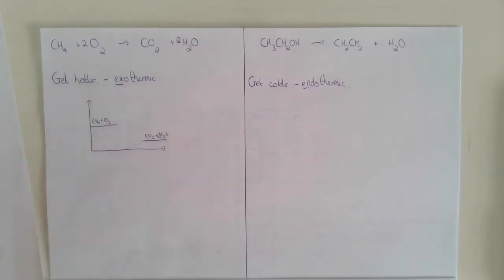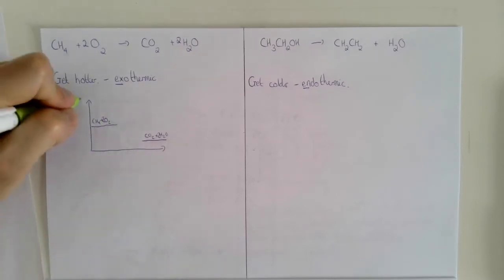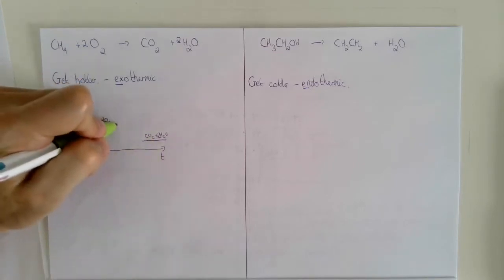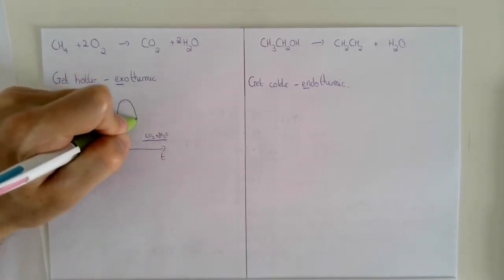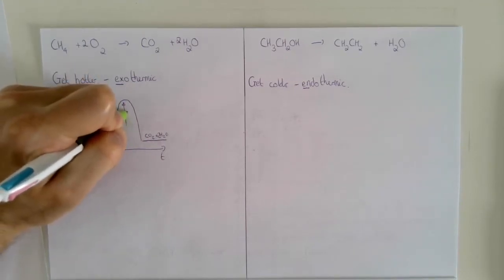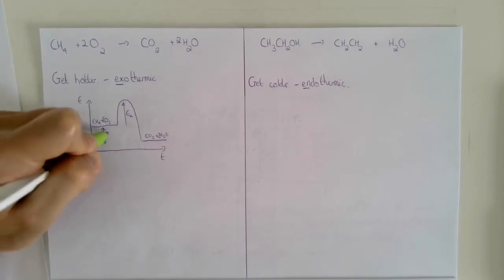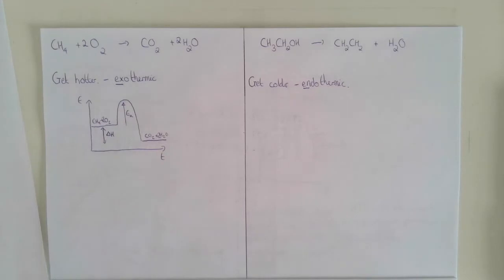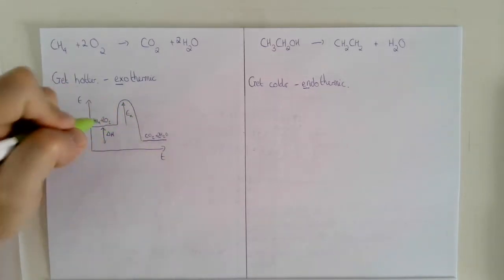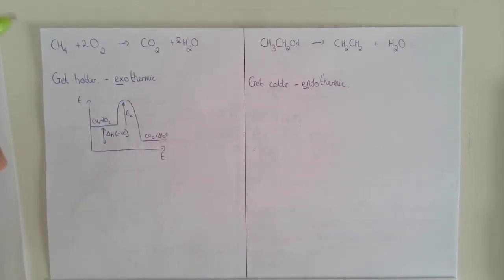So the products have now lost energy compared to how much energy the reactants had before as the reaction went on. In order to get the reaction working, you'd need to provide some activation energy. So this gap here is the activation energy, and this gap here is the energy change, which is given the symbol delta H. And delta H, because the products have less energy than the reactants, would be negative in this scenario.